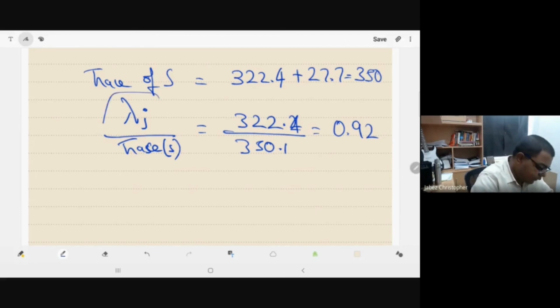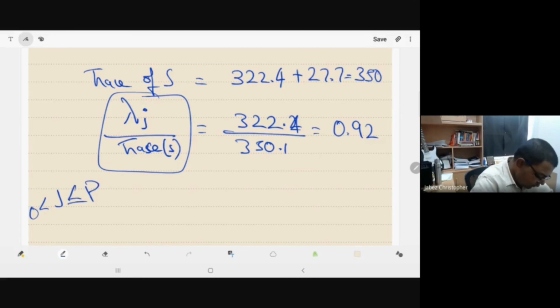Here lambda j, where j can vary from 1 to p, and you can find the values for all the j's, right?